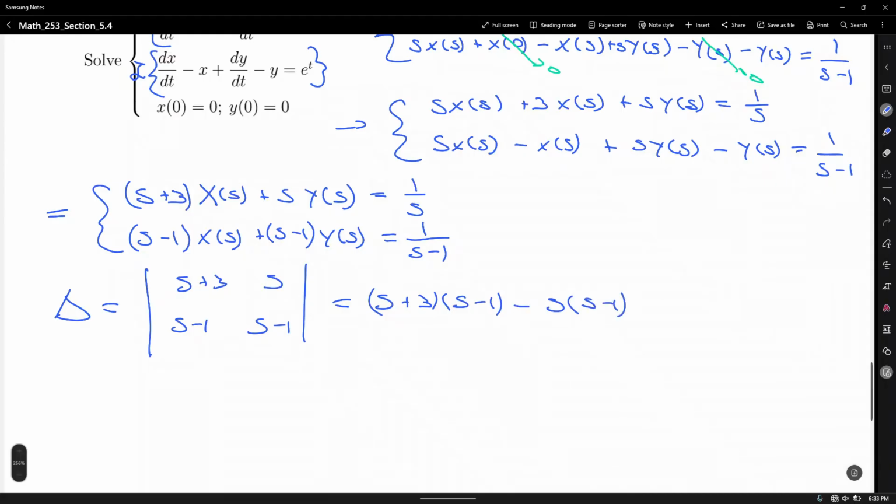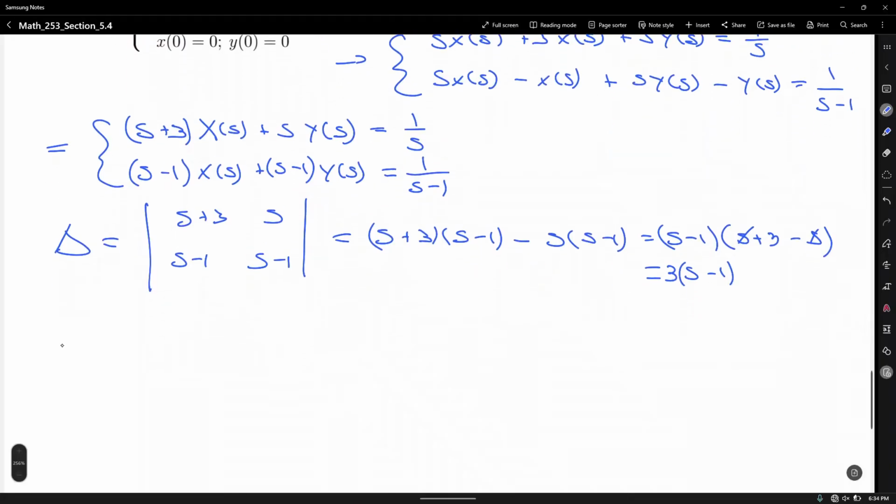There's some algebra involved here, but instead of doing all the foiling, check this out. I'm going to factor s minus 1, which leaves me with s plus 3 minus s, so s minus 1 times, cancel the s's, 3. Otherwise, FOIL and cancel terms. That's fine, but I'm just going to do this trick.